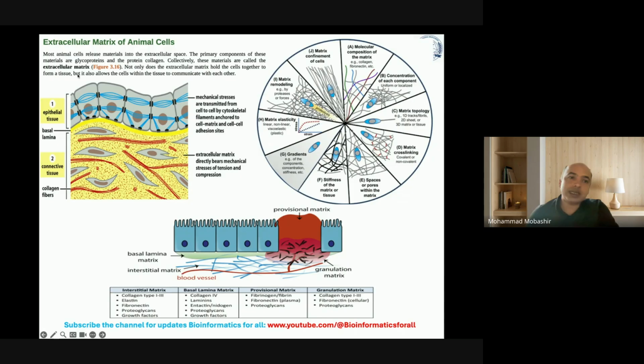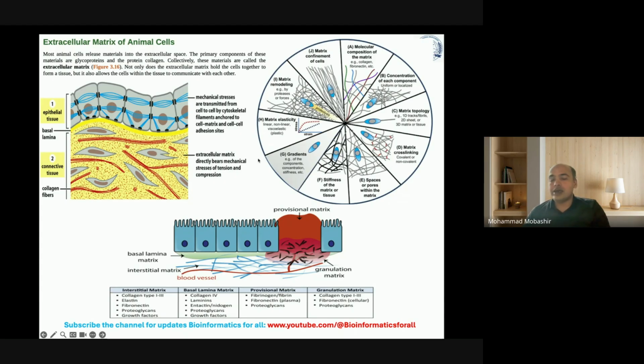So here you can see endothelial tissue, then basal lamina, then connective tissue, then collagen fibers. So what it says here, mechanical stresses are transmitted from cell to cell. That means cellular communication by cytoskeletal filaments anchored to cell matrix and cell-cell adhesion sites. Now, extracellular matrix directly bears mechanical stresses of tension and compression.